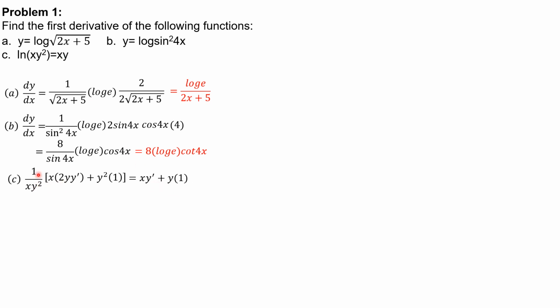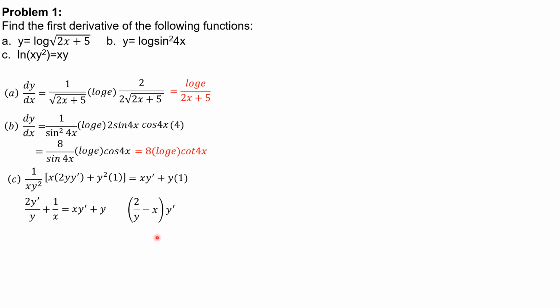So simplifying by distributing, we have 2y prime over y plus 1 over x after we distribute this inside the brackets, then equals xy prime plus y. Factoring out y prime and combining with this, so we have 2 over y minus x times the quantity y prime equals y minus 1 over x.